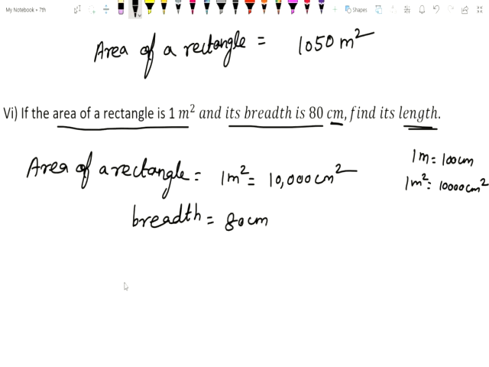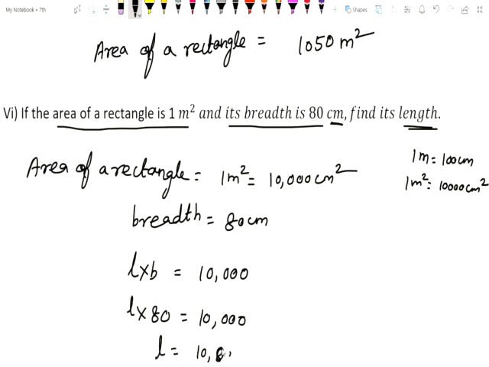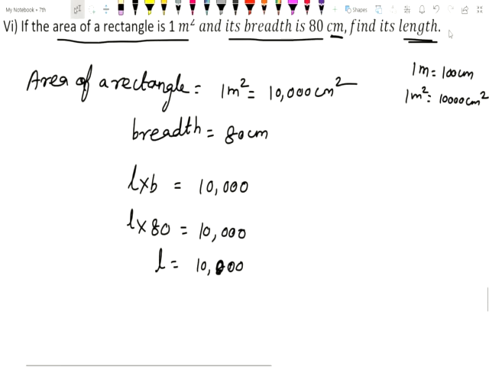Now substitute the formula L into B. Area of a rectangle, L into B equal to 10,000. L into B, value 80, equal to 10,000. L equal to 10,000 by 80, because multiplication will change to division on the other side.